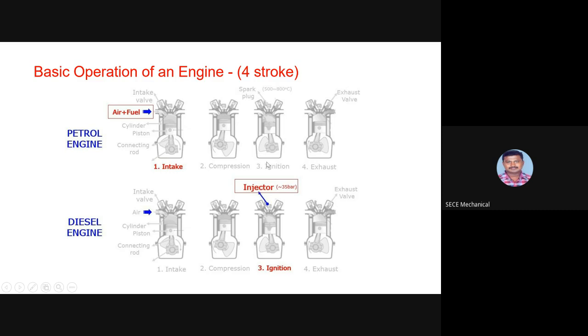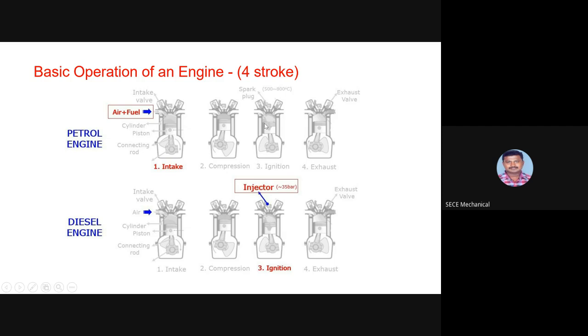This is the power or expansion stroke. At the end of the compression stroke, in an SI engine, spark ignition or petrol engine, we have a spark plug. The spark plug's duty is to ignite the spark. So at the end of compression, the spark plug ignites the spark, and the highly compressed air-fuel mixture is burned inside the combustion chamber.